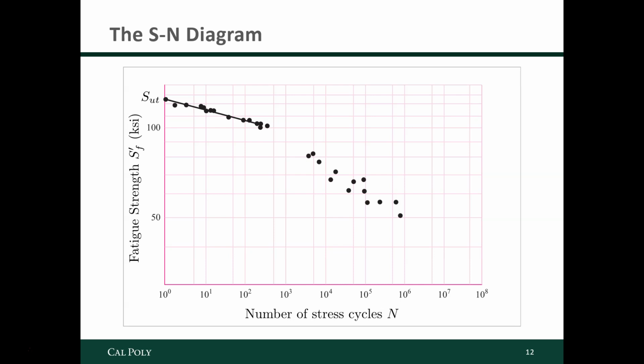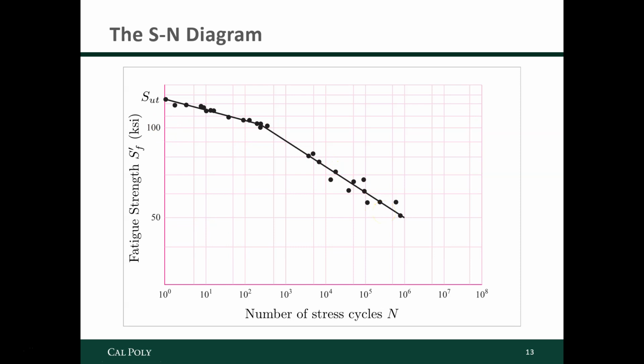You plot a bunch more points at lower stress levels, and it appears that the slope of the line has changed, but it's still a straight line. We'll talk about approximating what these straight lines are a little bit later. But for now, it's just a good idea to get the gist of things, that these plots form straight lines.